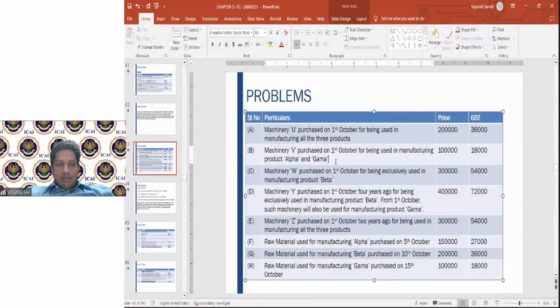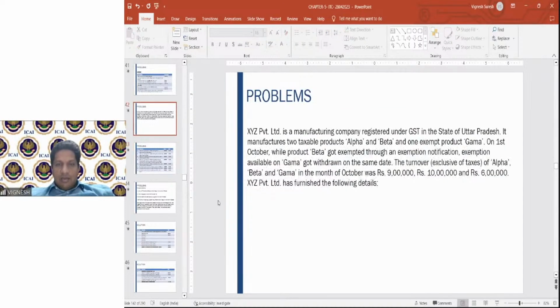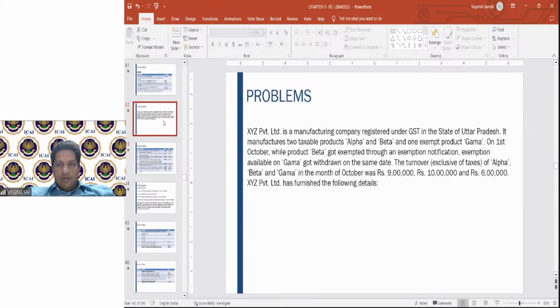Next, machinery V purchased on 1st October for being used in manufacturing alpha and gamma. So if you see here, exemption available on gamma got withdrawn. So that means gamma also became taxable. Gamma also became taxable now. So therefore, this machinery was purchased on 1st October, and the exemption got withdrawn on the same date.